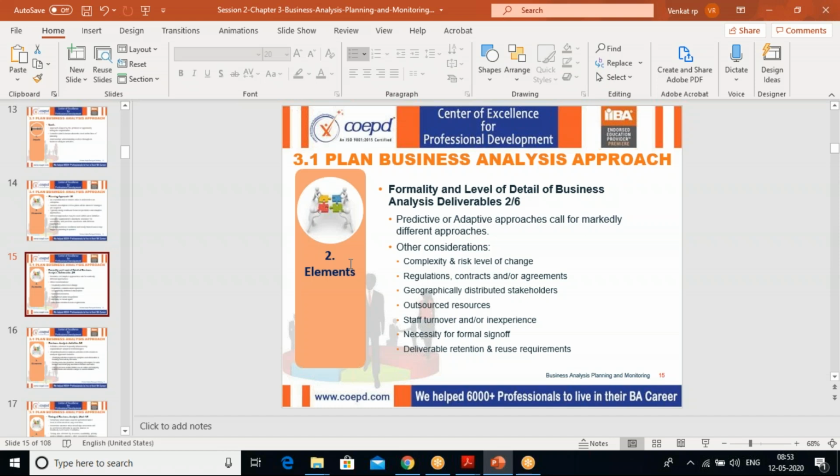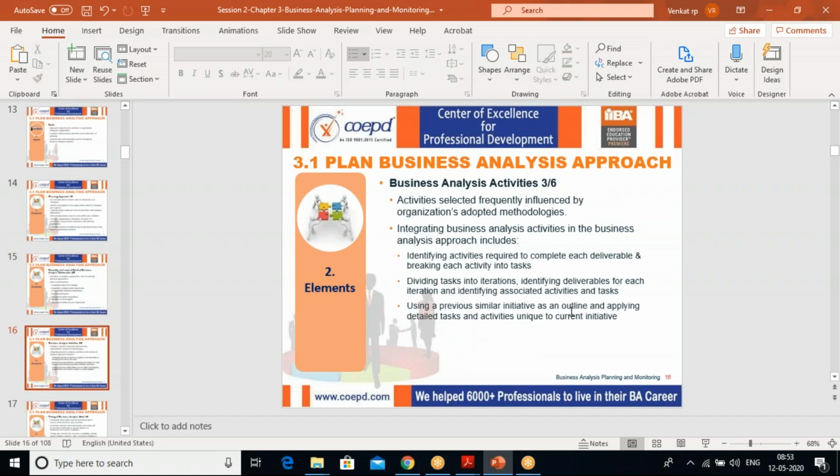We will also look into formal sign-off, how it can happen and who is going to give it. We also have to understand how we can reuse requirements, and to what extent we can reuse a requirement.